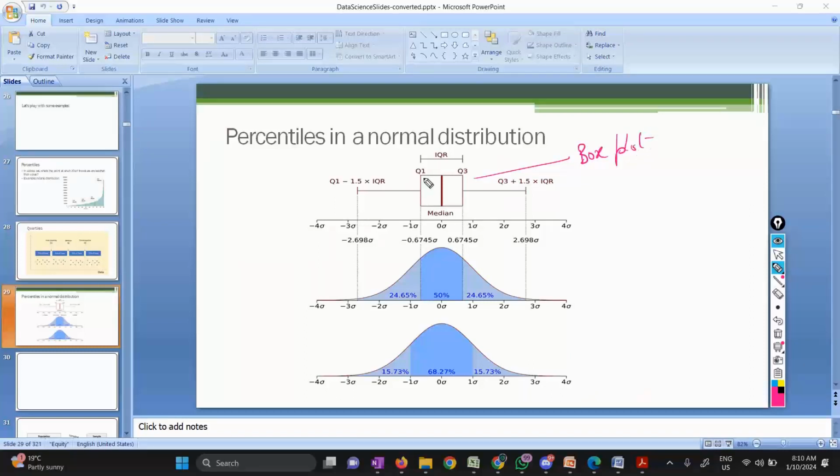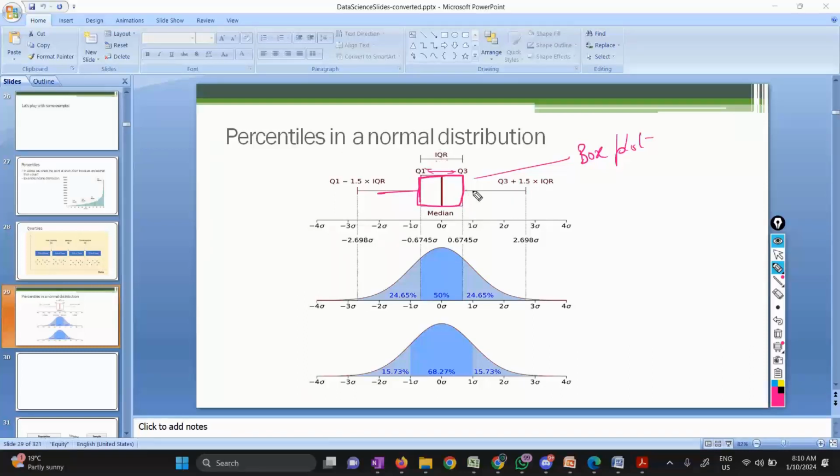Why box? See, this is the box. I'm not saying this happens all the time. I'm saying in this example, percentiles in a normal distribution look like this, expressed by the interquartile range between Q1 and Q3.